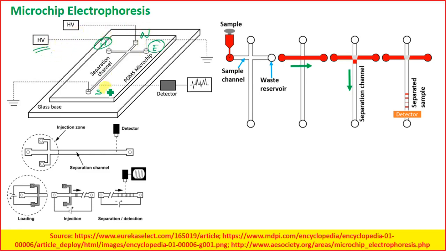Again, north and south can have another series of high voltage ports. Now what happens is that when you inject the sample over here, suppose you have the anion over here, so you will have the cathode.